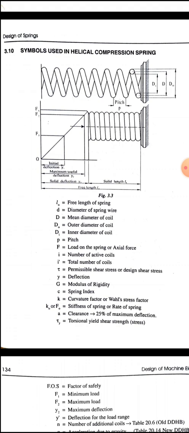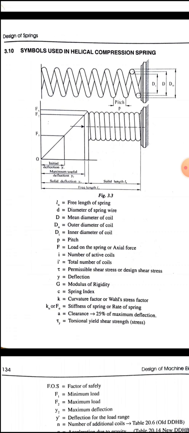Before that, the symbols used in helical compression springs. Look at diagram 3.3. Above is the free length spring with pitch p, inner diameter DI, mean diameter D, and outer diameter capital DO. The second one is the compressed state.